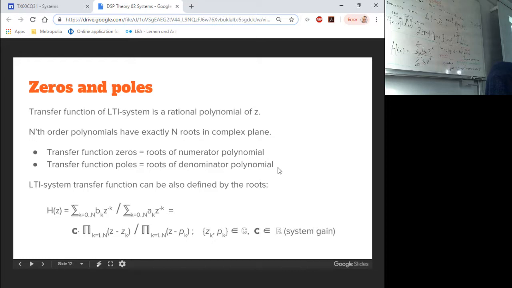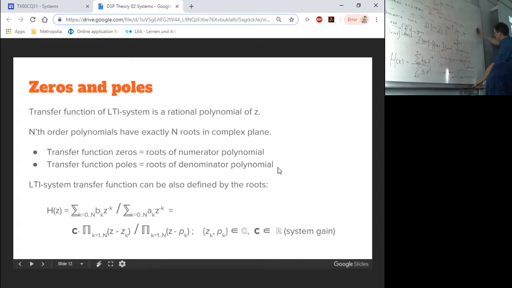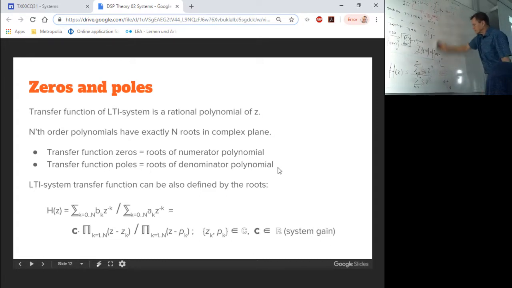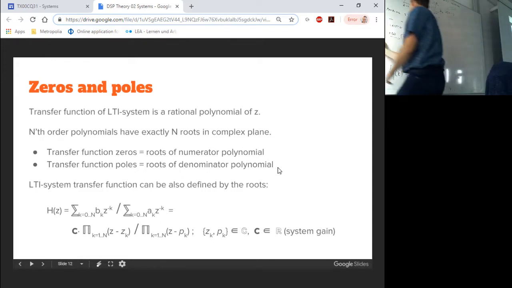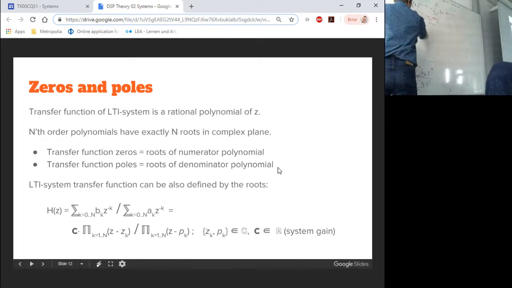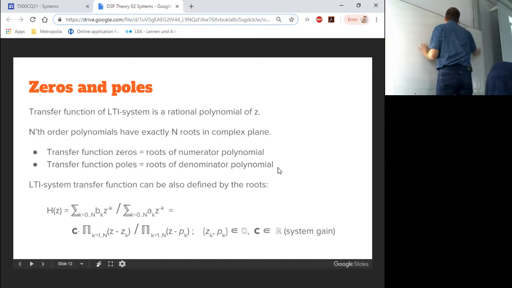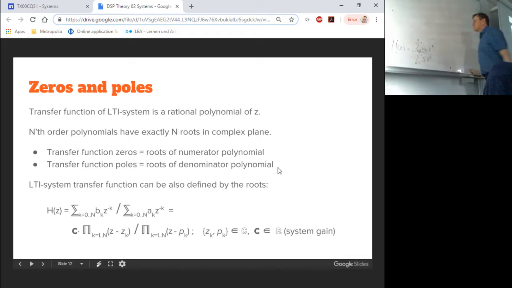Zeros and poles. The transfer function of an LTI system is a rational polynomial in z. Yes, it is. Let me clean the table. I start from here.